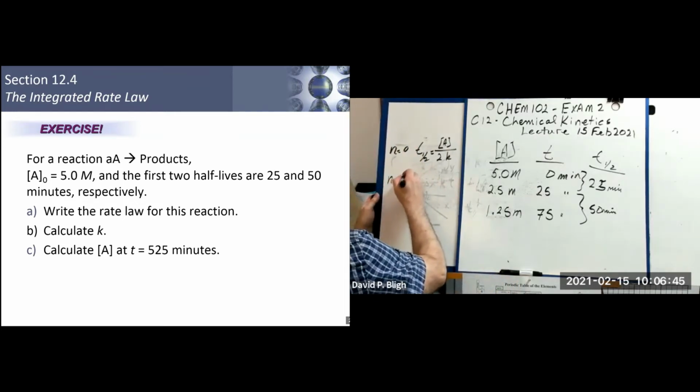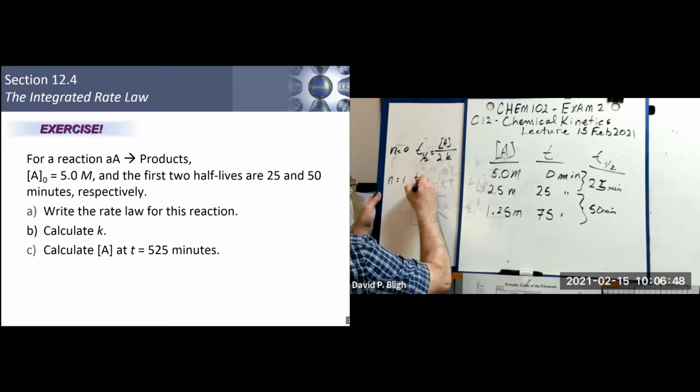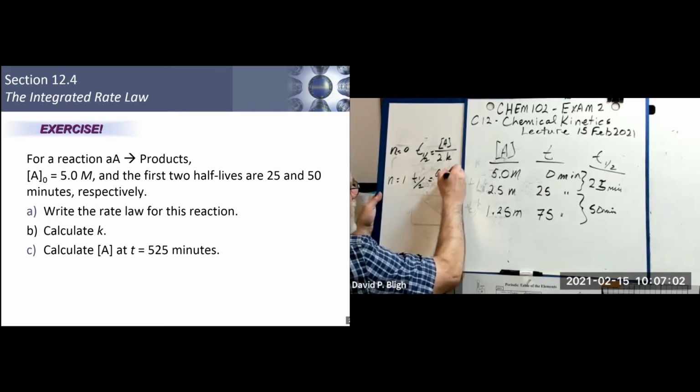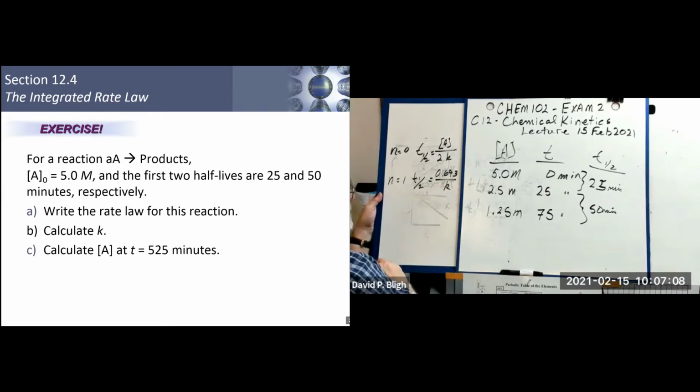If it's n equals 1, then the half-life, t1/2, equals 0.693 over k. And then n equals 2, the half-life is equal to 1 over k. I think that's right.